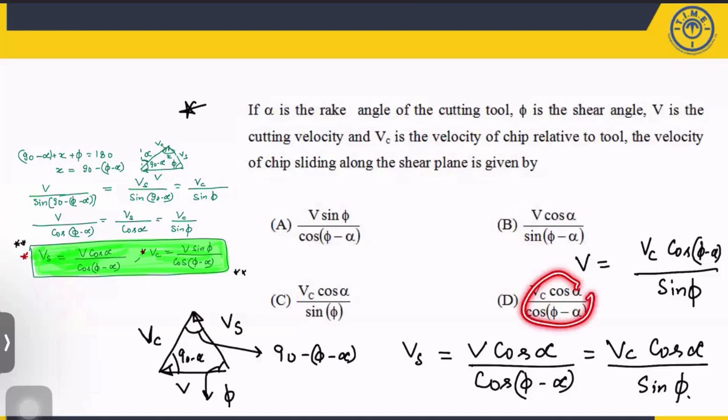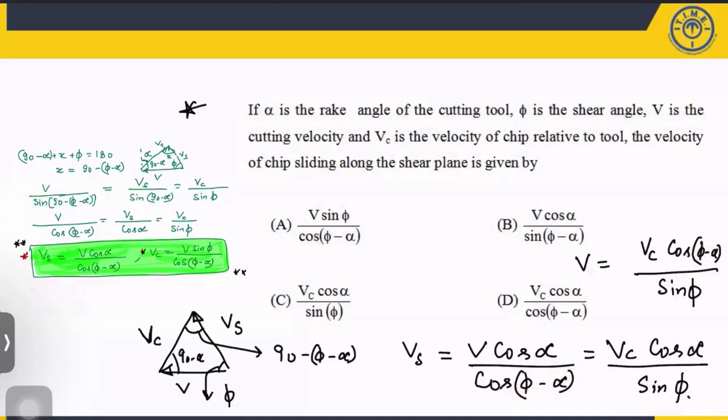That means you have to convert Vc in terms of V. So if you put Vc in terms of V, then you will get V cos alpha, cos of phi minus alpha. What is the V value? Chip velocity, cos of phi minus alpha from here divided by sine phi. This cos of phi minus alpha and this cos of phi minus alpha will cancel out. You will get Vc cos alpha divided by sine phi.